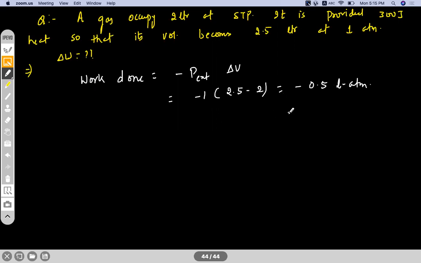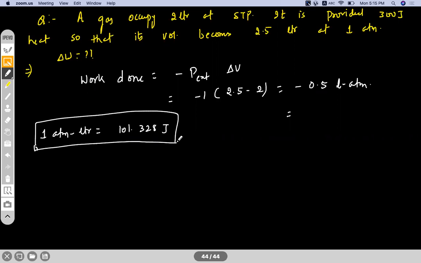So we know 1 liter atm, this is the relation we have. 1 atm liter is equals to 101.328 joule approximately we have. Or if you don't remember this, I have given you last class the relation, that is 0.0821 atm liter is equals to 8.314 joule.